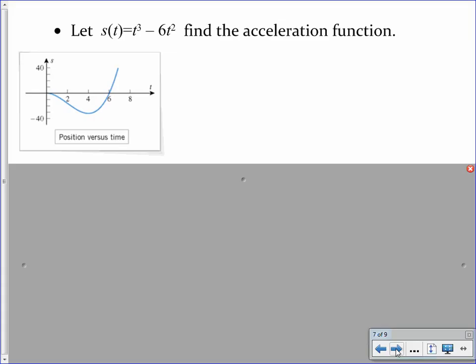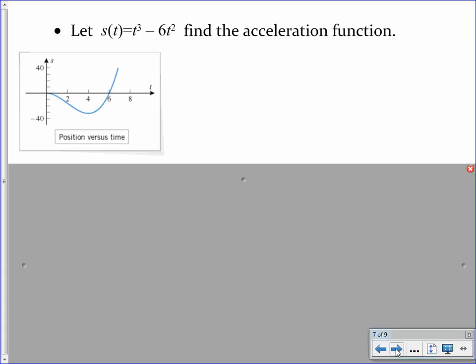When are we concave down? From 0 to 2, we're concave down, but from 2 on, we're concave up. So this means our acceleration is negative from 0 to 2, but positive from 2 to 7.